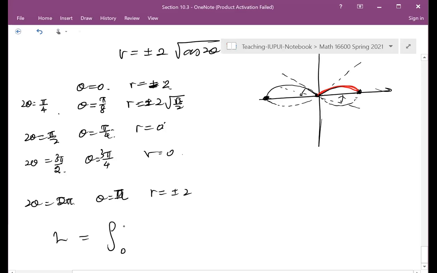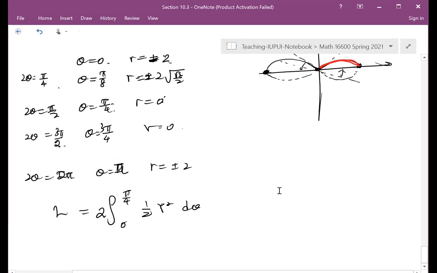Theta is between 0 and pi over 4, and half of r squared d theta. I have to multiply by 2 because I need to get one loop. This is just from 0 to pi over 4, so only half of the loop.